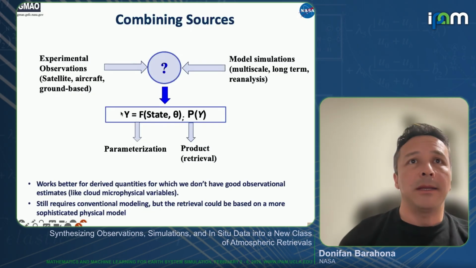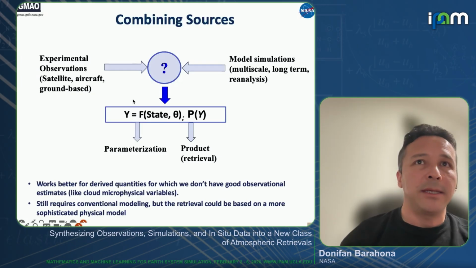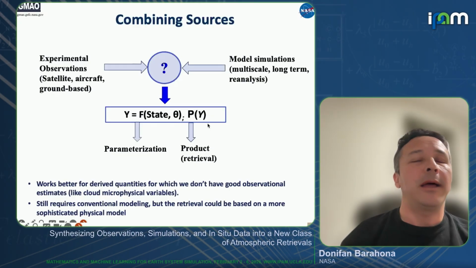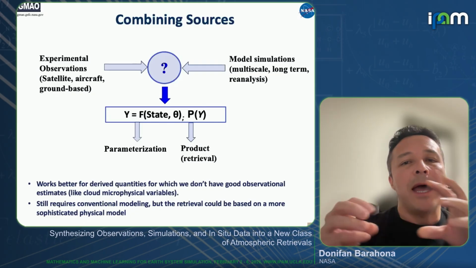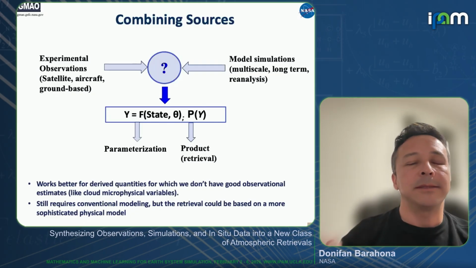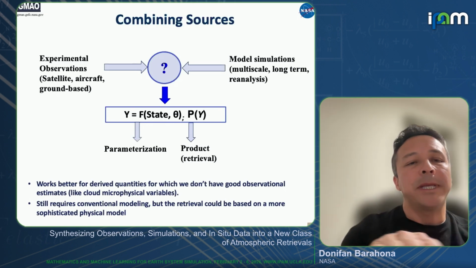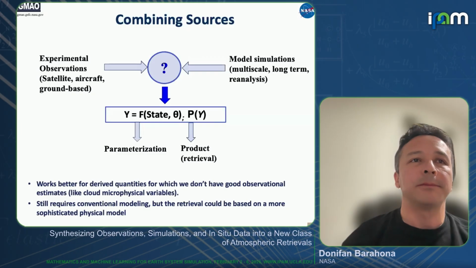If we're interested in some target Y, then we can model it as a function of a state and get that distribution, and at the same time obtain the parameterization and the retrieval. So the two things at the same time. And that could be an advantage over the segmented approach that I presented before.